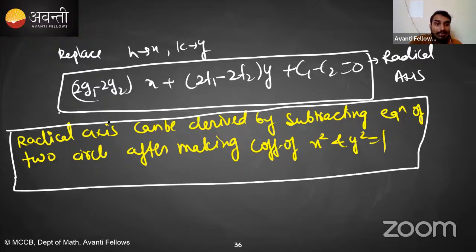As you can see, the radical axis is a line, of the form ax plus by plus c equal to 0. So to find the radical axis, when two circles are given, just subtract them.